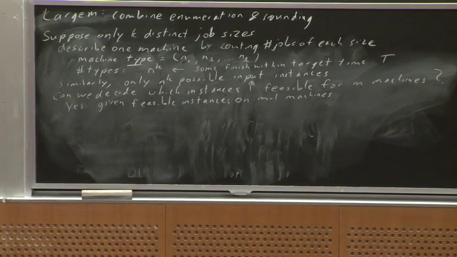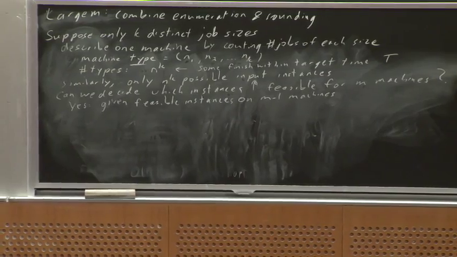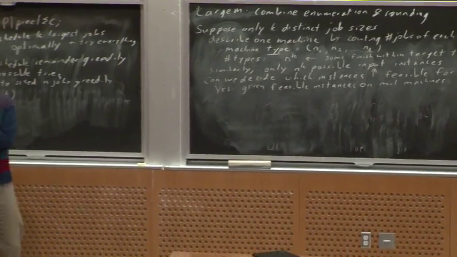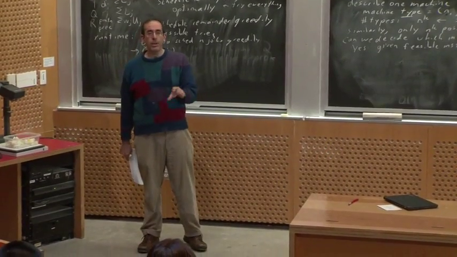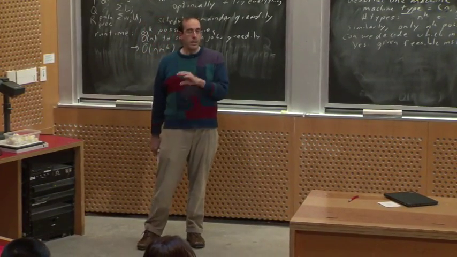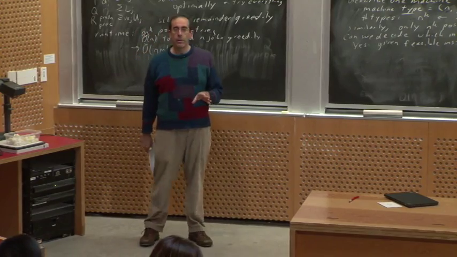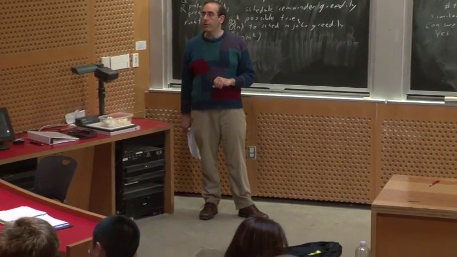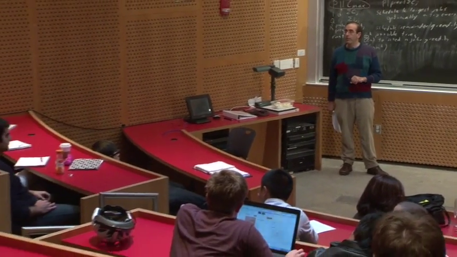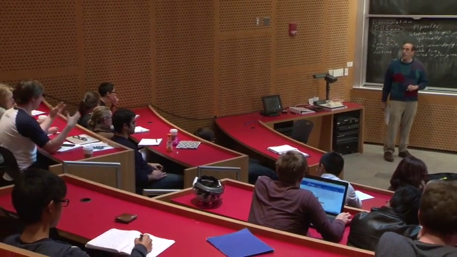Right? This is a collection of jobs that can be completed in time t using m-1 machines. How do I enumerate all the possible collections of jobs that can be completed in time t using m machines? Yeah? You look at all the machines that complete a certain number of jobs in t time, and then you add all those jobs.